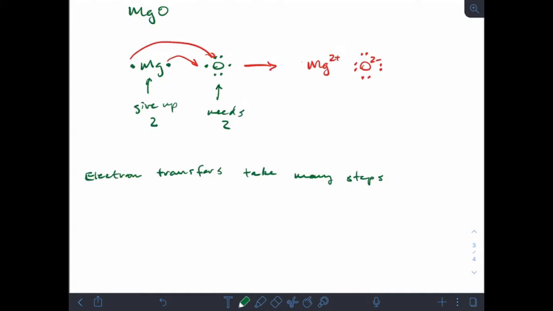However, those processes do happen. And so what we've discovered is that there is an overall release of energy when the solid ionic compound forms. That release of energy is the lattice energy. And the lattice energy is what results in a favorable energy balance in order for an ionic compound to form.